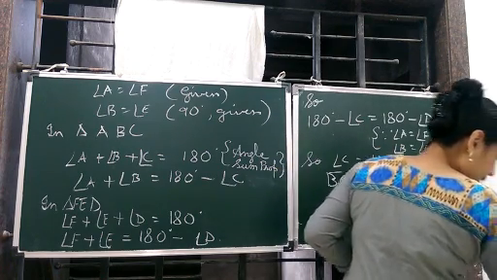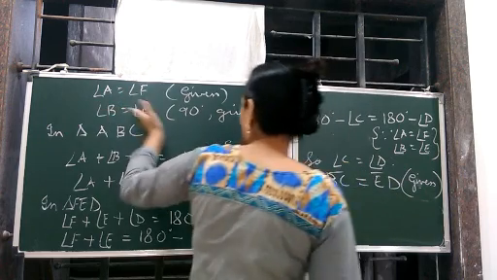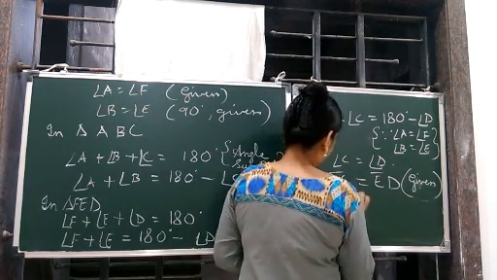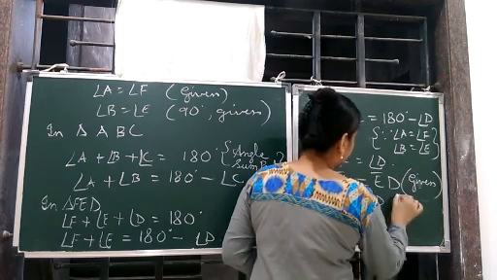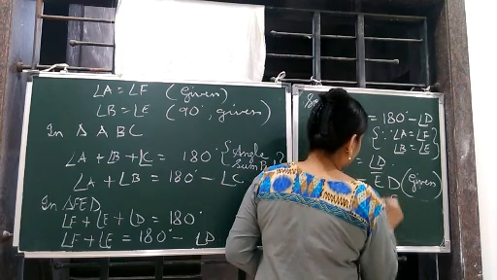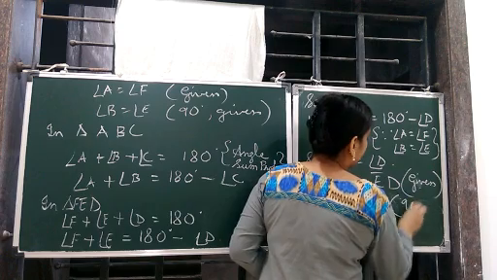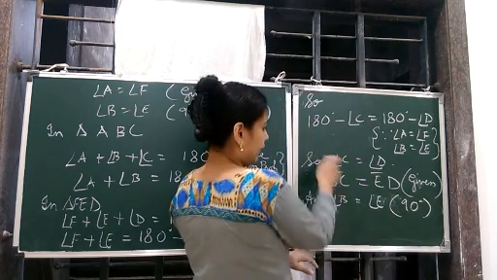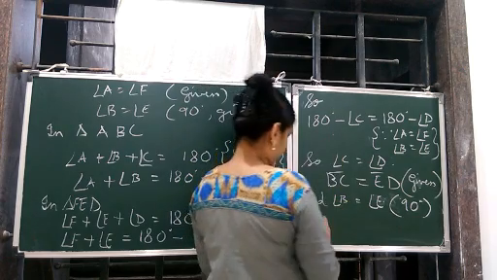And angle B is equal to angle E, 90 degree, also given. So the triangles are congruent by angle side angle congruency.